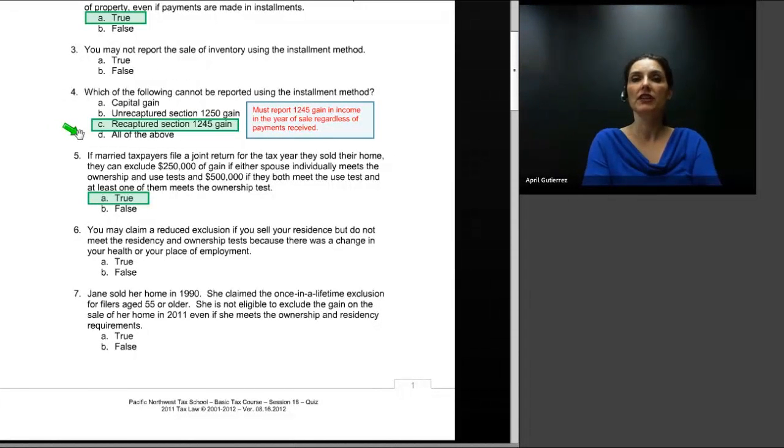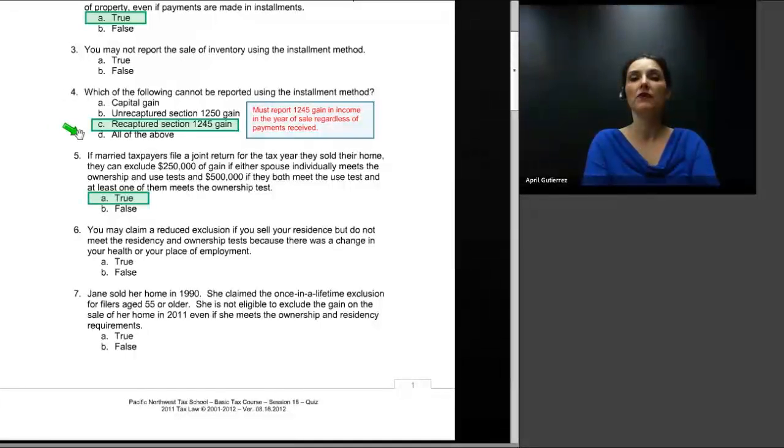If you go back to Session 18 and remember the Farmer Brown illustration, he sold equipment and he sold his farm. The equipment is Section 1245 property, and any proceeds he receives from that sale are not eligible for the installment method to the extent they are from a recapture of depreciation. So he has recapture of depreciation on the farm equipment that's not eligible for the installment method.